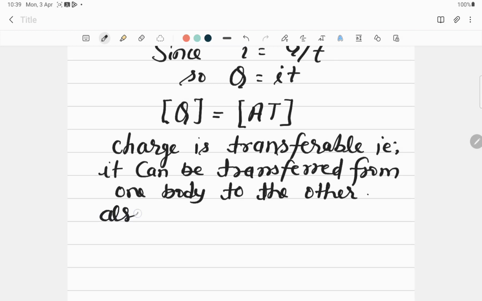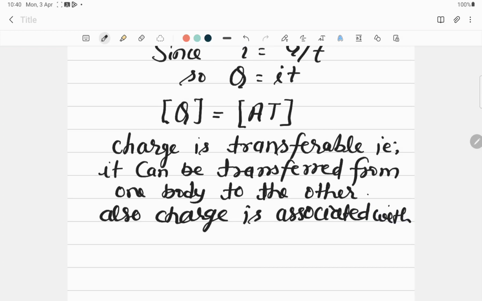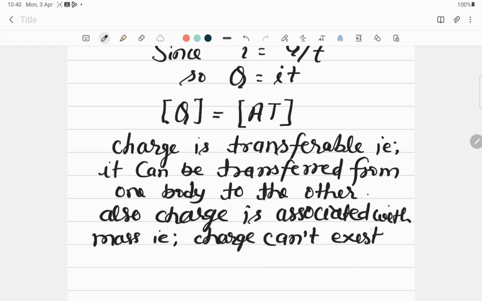Also, charge is associated with mass. That is, charge cannot exist without mass.